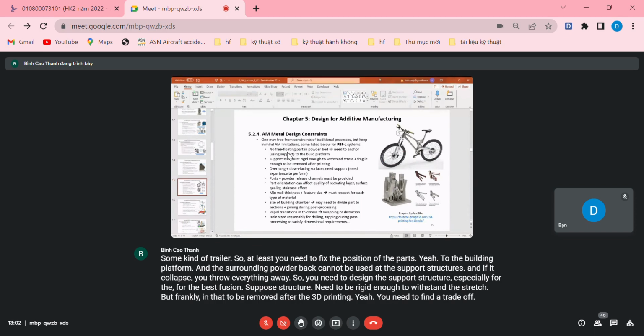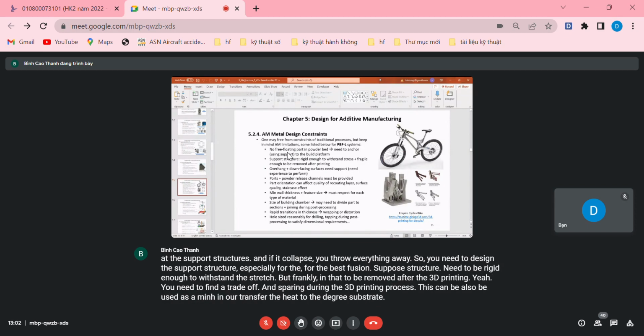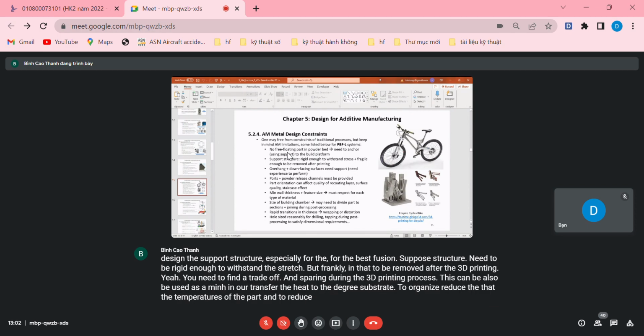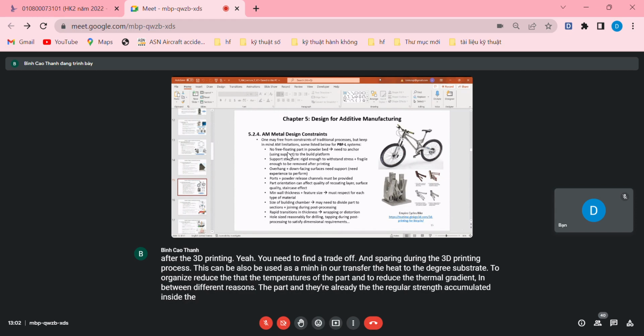During the 3D printing process, it can also be used as a means to transfer heat to the building substrate, to reduce the temperature of the part and the thermal gradient between different regions of the part, and therefore reduce the residual stress accumulated inside the part after fabrication. So the support structure is quite important.